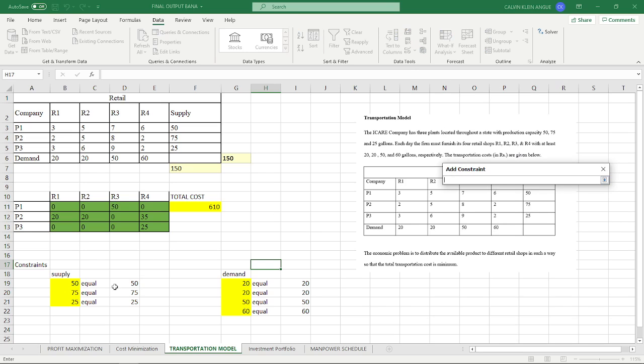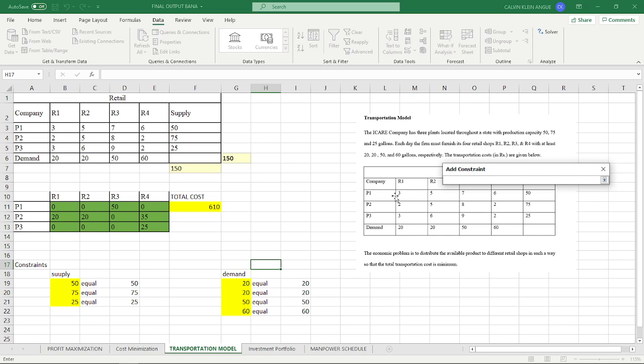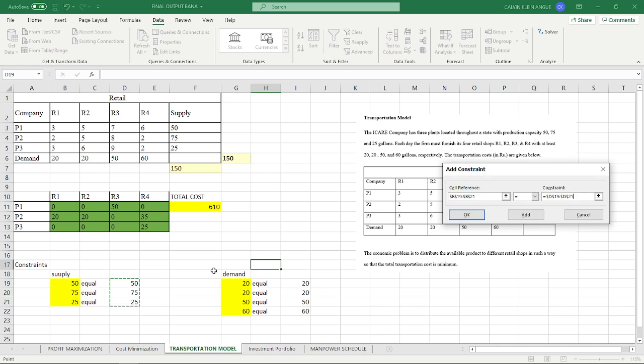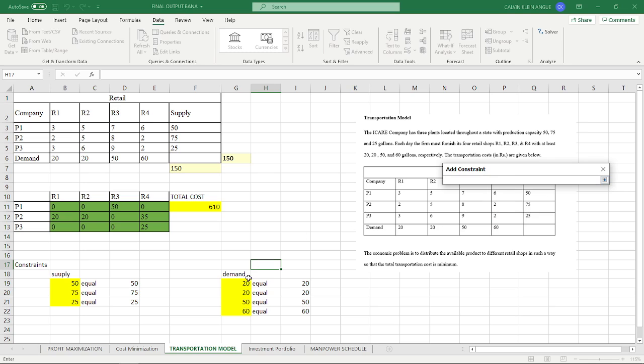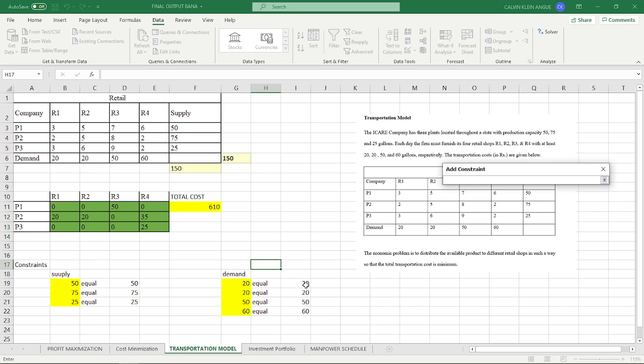So we need this part, and it should be equal. The symbol here is equal. So our constraint is here. Then click add, and this part, our demand. Then remember, equals. Then this part.